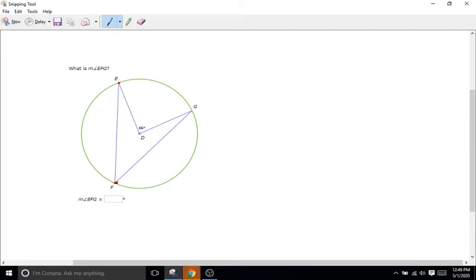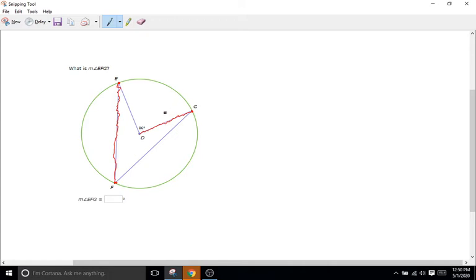So line EF would be a chord, whereas something like DG would not be a chord, because although G lies on the edge of the circle, D does not. It is important to understand that distinction when talking about inscribed angles.